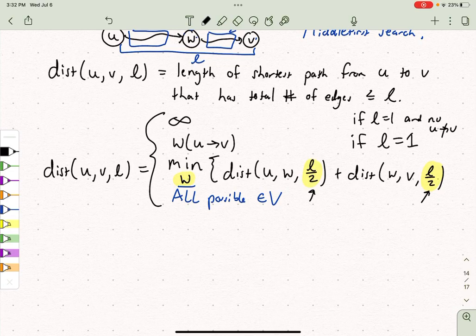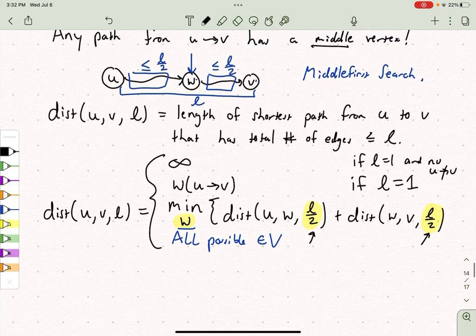Well, note that for the first case, we need to compute all the ingoing things to w first, whereas in the second case, we need to compute all the outgoing things. So it depends on which case we're looking at.